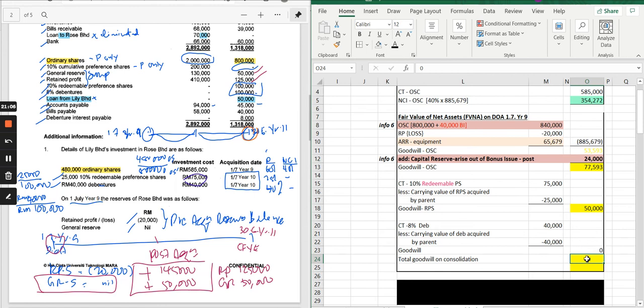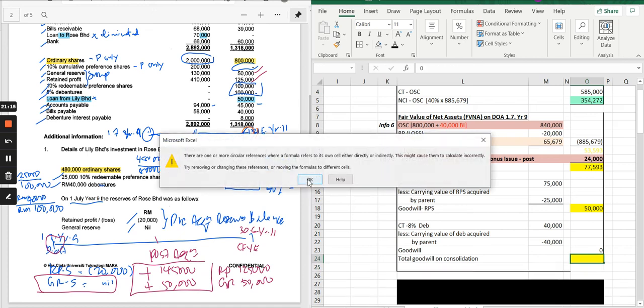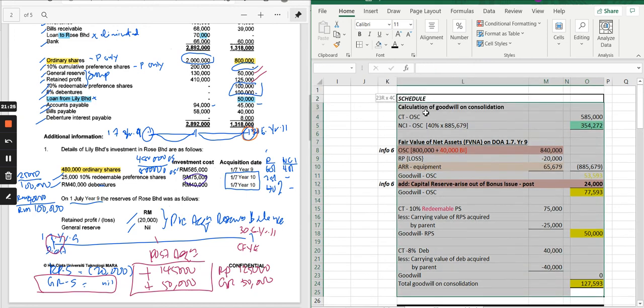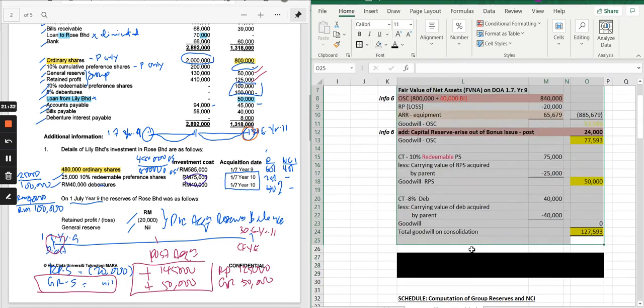And the total goodwill on consolidation would be 127,593. And that is the goodwill before any impairment took place, the total goodwill.